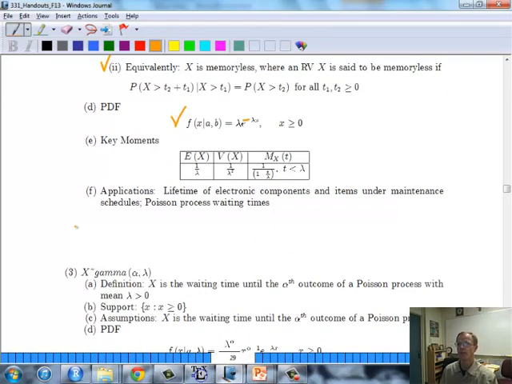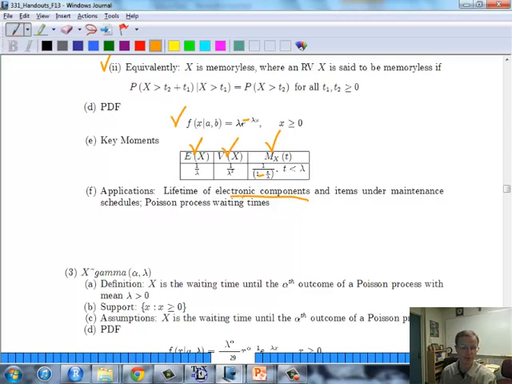The moment generating function is not too hard to derive. We will do this. And the moments, go ahead and note those. They're related to the Poisson moments, and I'm not going to get into it. There are some nice applications, particularly electronic components.